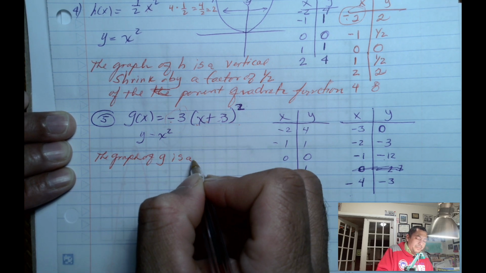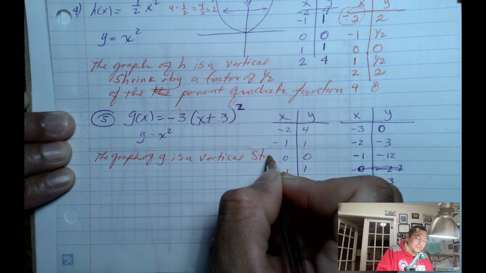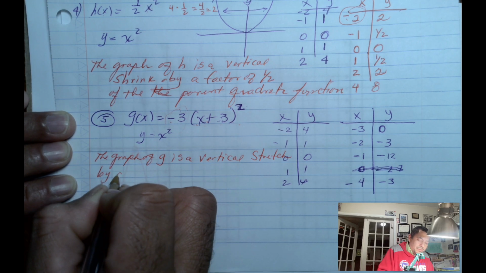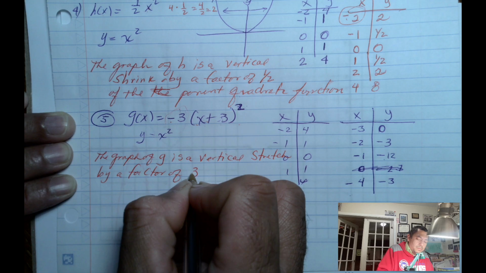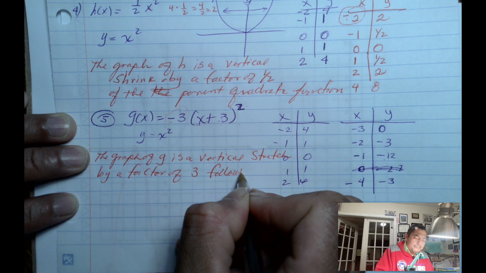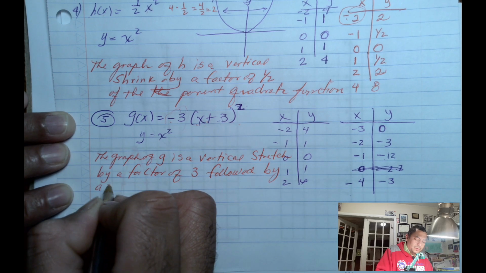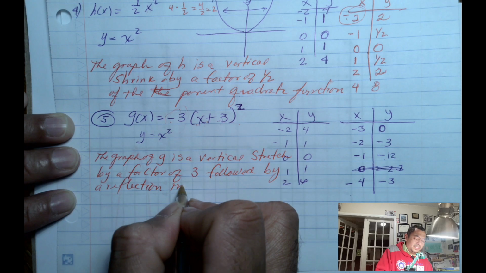is a vertical stretch by a factor of 3, followed by a reflection in the x-axis.